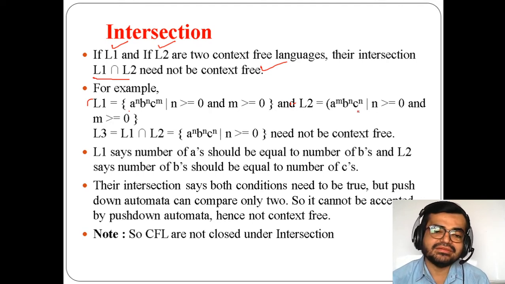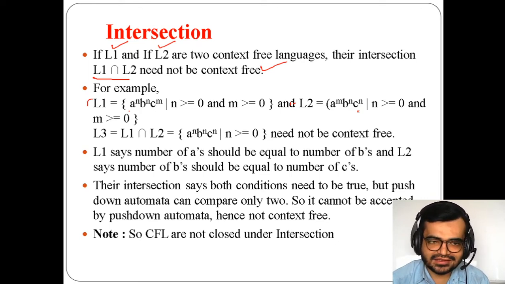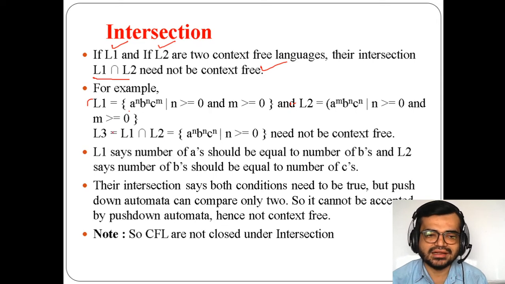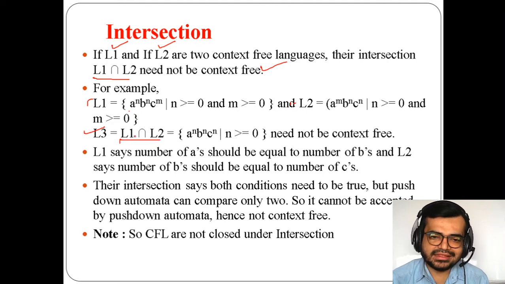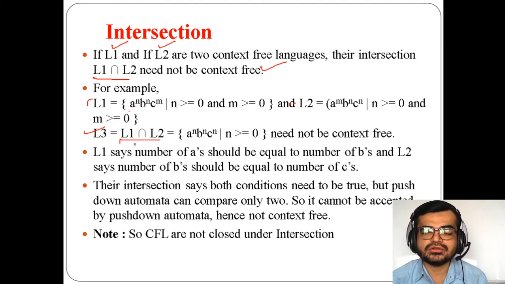Previously we took union, which means either this or that. If anything happens, then the overall condition will be true. But in intersection that will not be the case. In intersection, if I take L3 as L1 intersection L2, L3 should be context free, but it need not be.